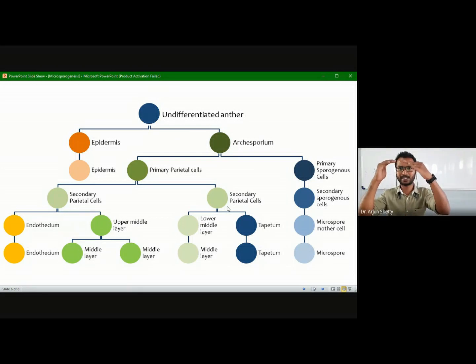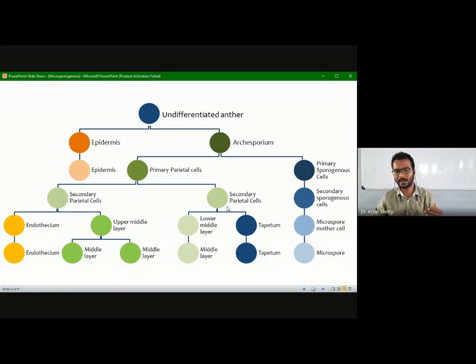So the primary parietal cells divide and form a quite number of secondary parietal cells, and out of those, for example, if there are four, two are responsible for the formation of the endothecium layer. The remaining two are responsible for the formation of the first and second middle layers, the first middle lamella and the second middle lamella.